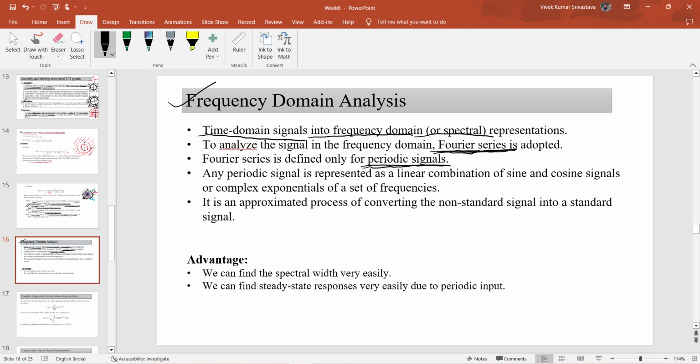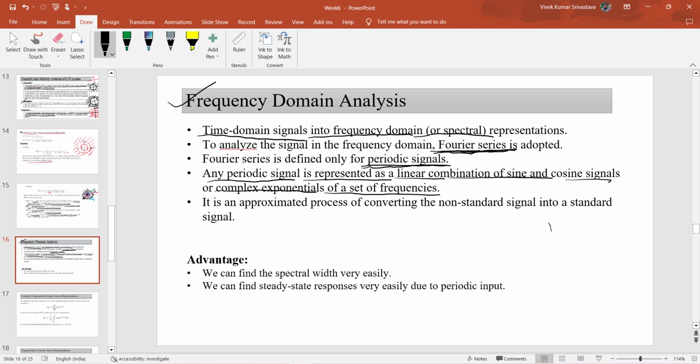In the Fourier series method, any periodic signal is represented as a linear combination of sine and cosine signals or complex exponentials of different harmonics. Harmonics means a set of frequencies.